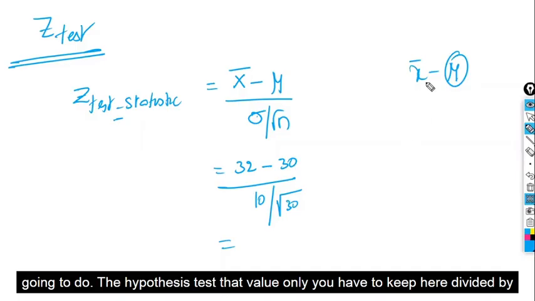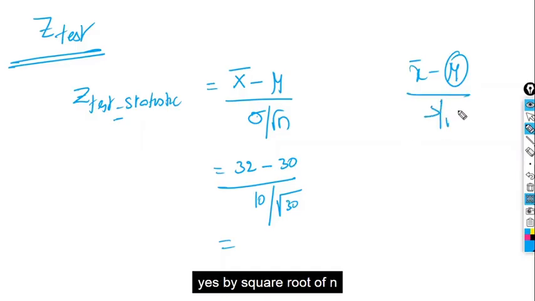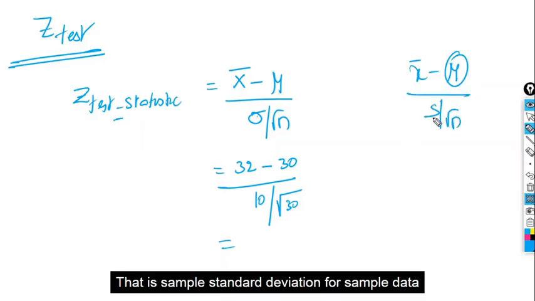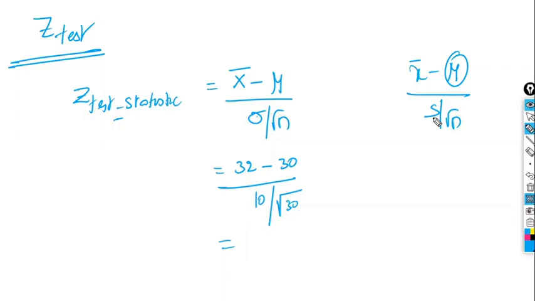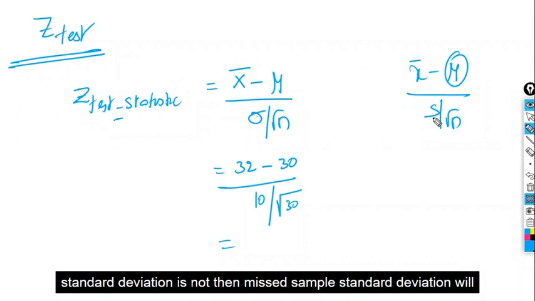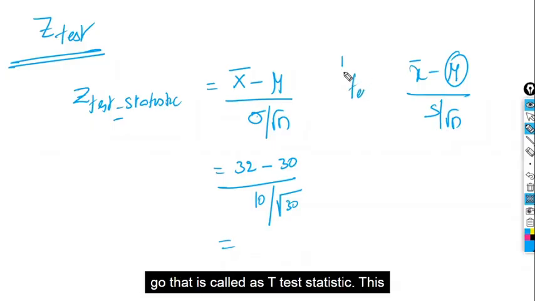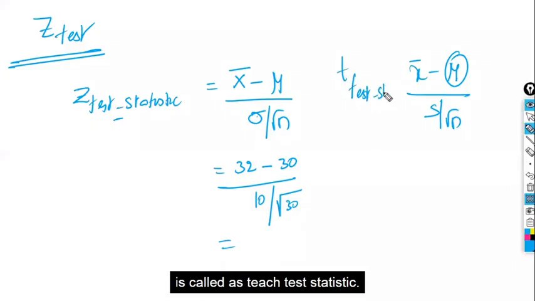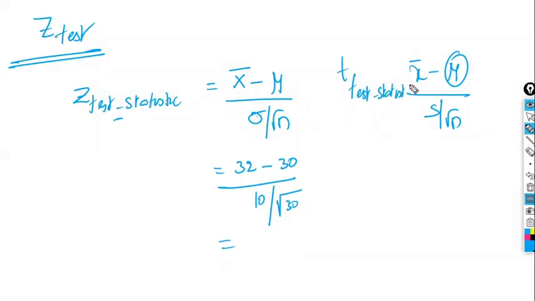Divide by S by square root of n, where S is the sample standard deviation. For sample data, the sample standard deviation will be there, and you apply that. If the population standard deviation is there, well and good. If it is not there, the sample standard deviation goes in. That is called the T test statistic. That is the difference between the two.